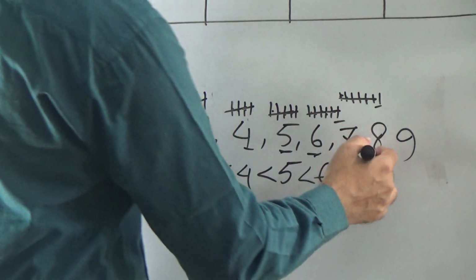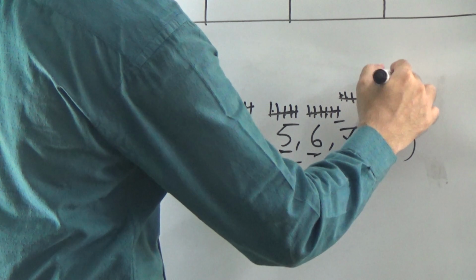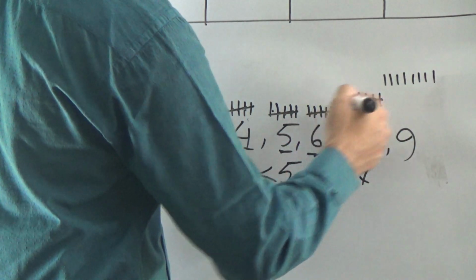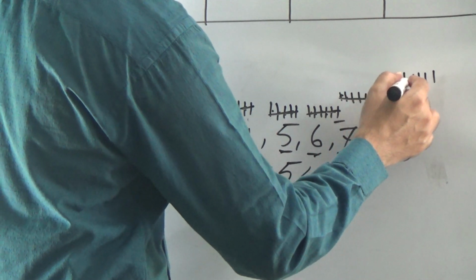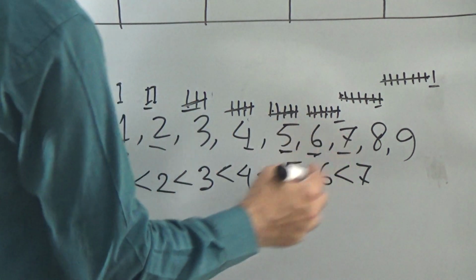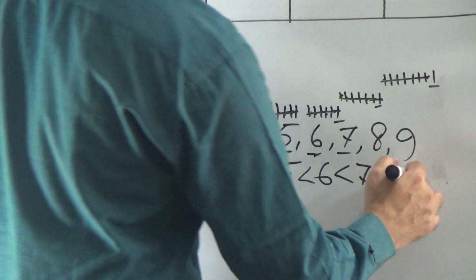Then the next number is 8. So we can consider 8 lines here: 1, 2, 3, 4, 5, 6, 7, 8. As there are 7 lines here, we can cut 7. Here is also 1 line more. So 7 is smaller than 8. And then the next number is 9.